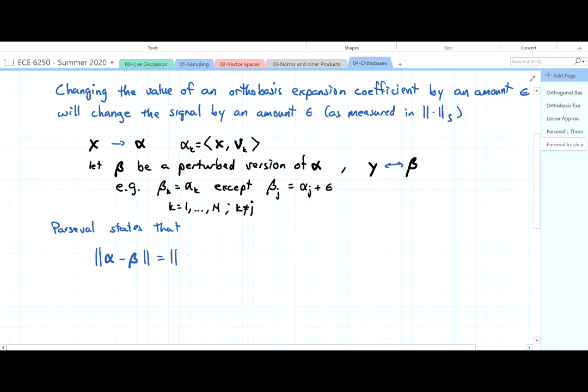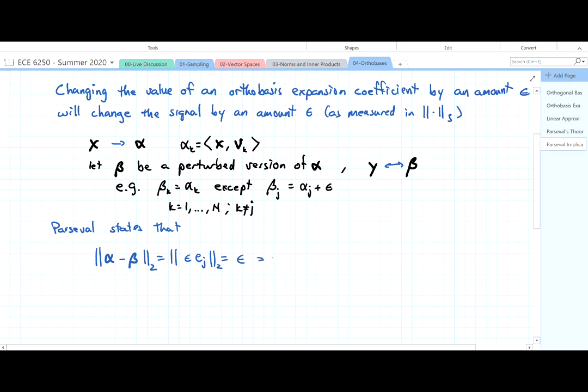It's going to be the norm of a vector that just has one non-zero element, and this is the L2 norm. So it's the norm of epsilon times e_j, which is going to be epsilon. e_j would be the j indicator vector. In other words, it's zeros everywhere except at j.